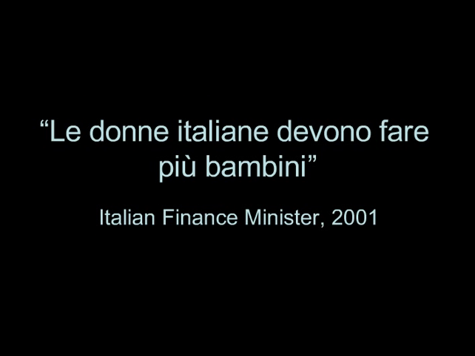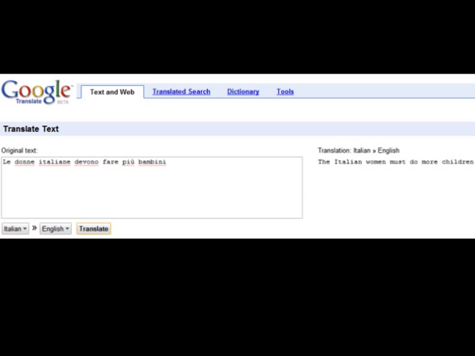And so a very interesting quote. Here's the Italian finance minister, obviously talking Italian. I took this quote in Italian and translated it with Google Translator. This is what the Italian finance minister, keep in mind someone tied to finance and economics, said; we see the translation to the right: the Italian women must do more children.